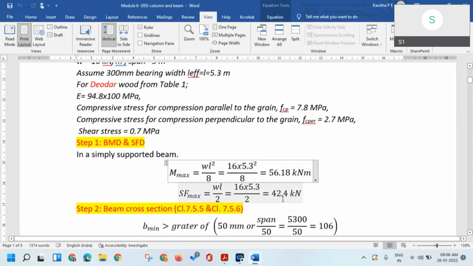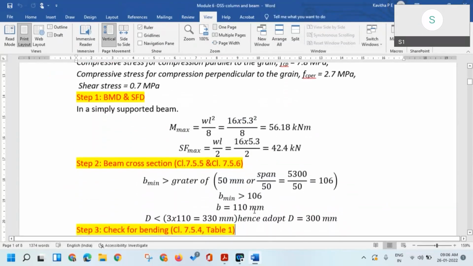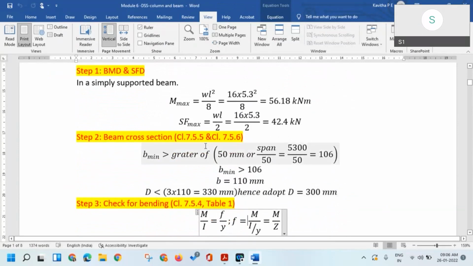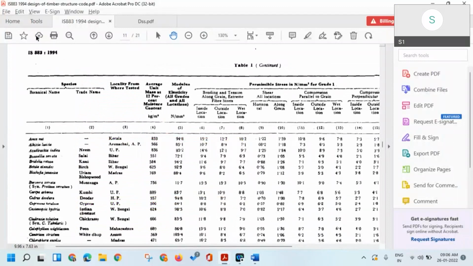Once the maximum bending moment and shear force are calculated, now we have to assume suitable cross-sectional dimensions of the beam. For that, a thumb rule is given in IS code, clause 7.5.5 and clause 7.5.6.